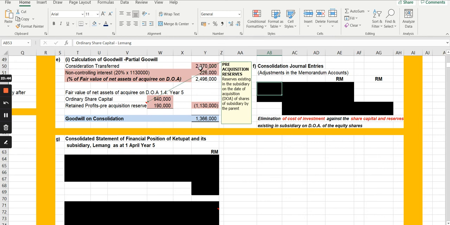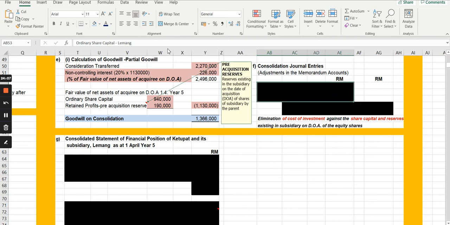So the cost of investment is this. This is the equity or the share capital and reserve existing on the subsidiary company. At the same time, we are also going to record the goodwill and record the non-controlling interest in this consolidation adjustment entry on the date of acquisition.